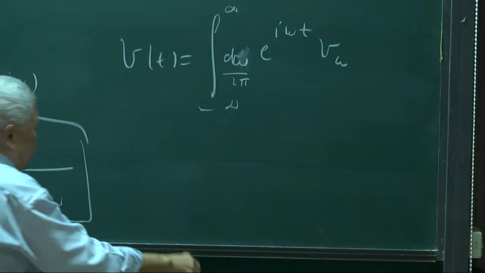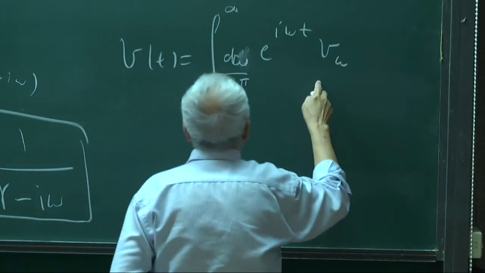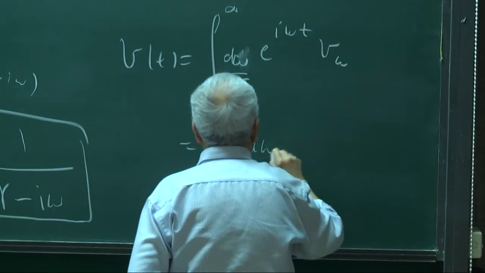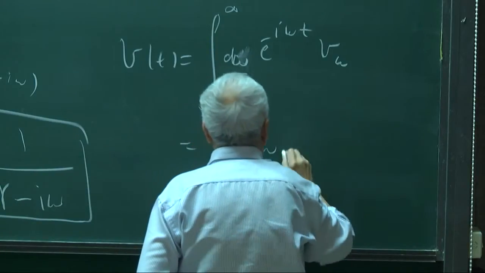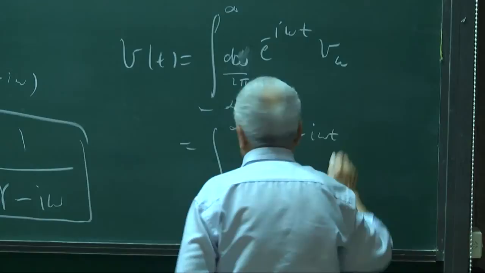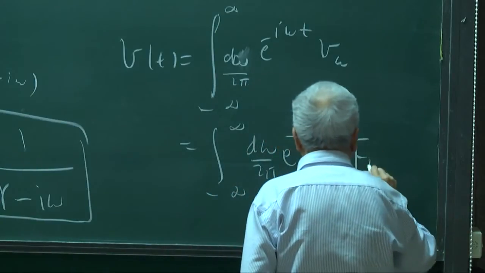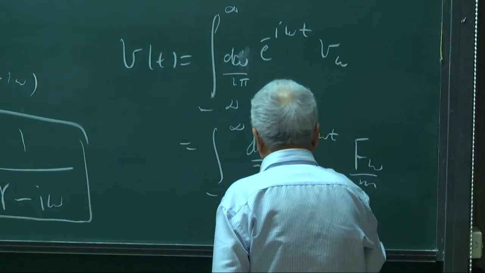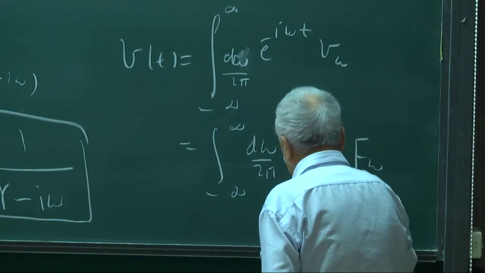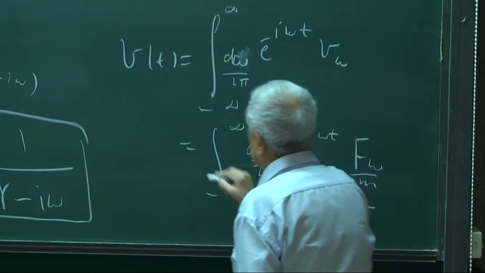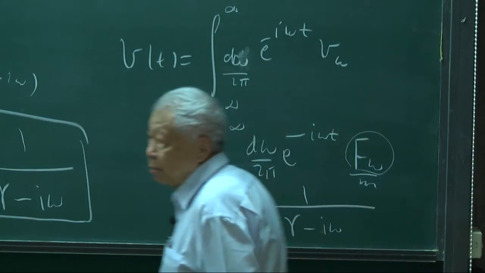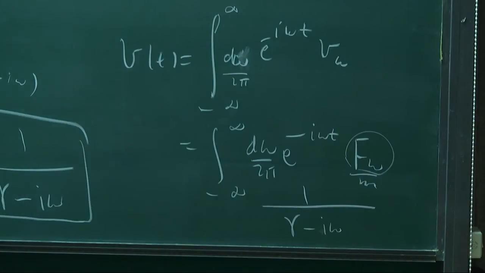Oh, yeah, this is right. So now if I plug in v of omega, v of t will be equal to the integral from minus infinity to plus infinity d omega over 2 pi, e to the minus i omega t, times f of omega over m times 1 over gamma minus i omega. This is a solution, except that f of omega is a random function. So again, you have to consider correlation functions.